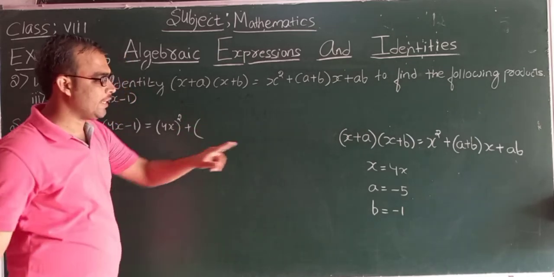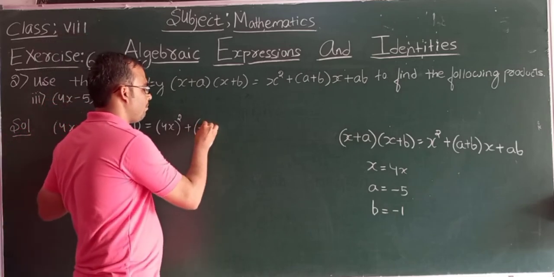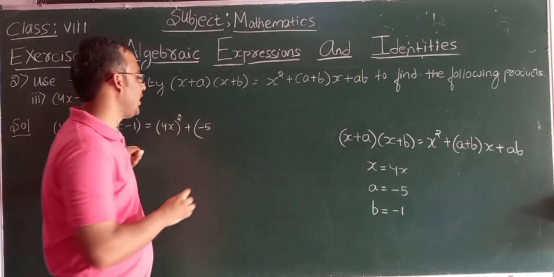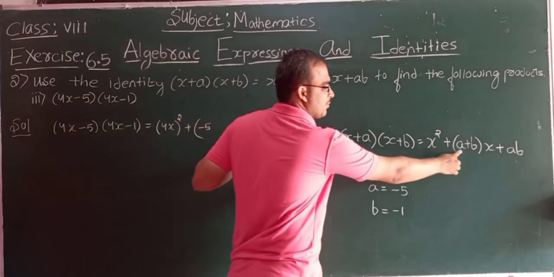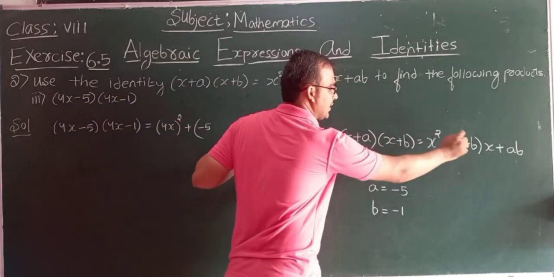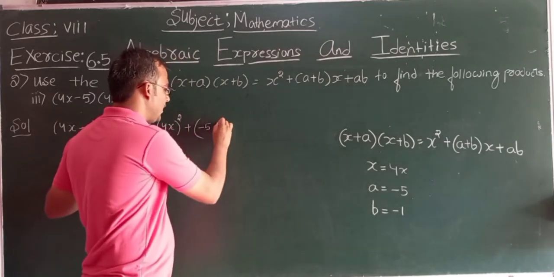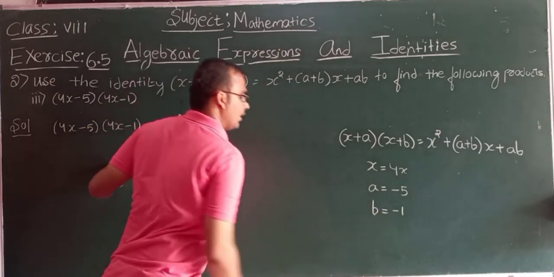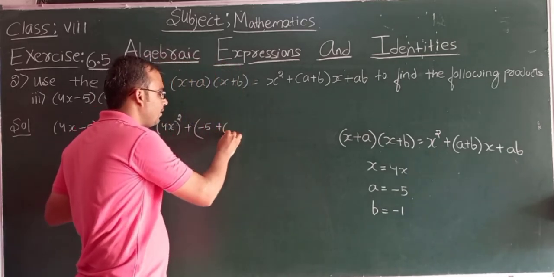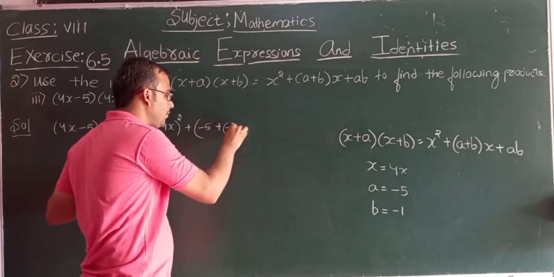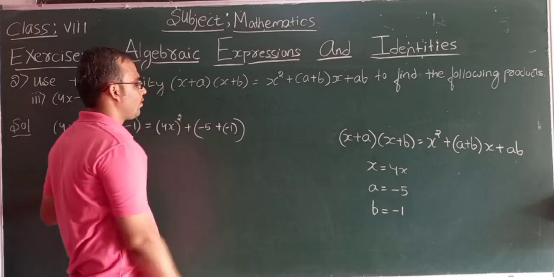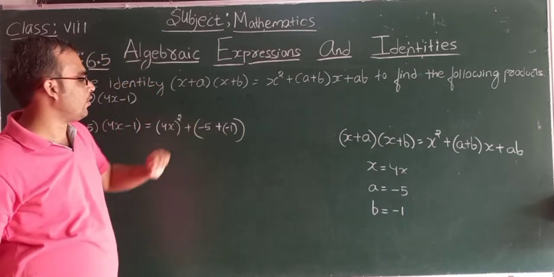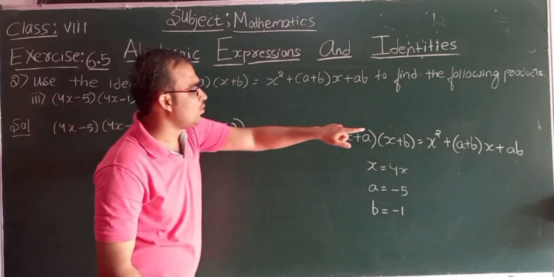Here a means minus 5, plus, and b means minus 1. As we are getting a negative number here, we need to put it in a bracket. Why have we put one more bracket? Because there is a negative number.